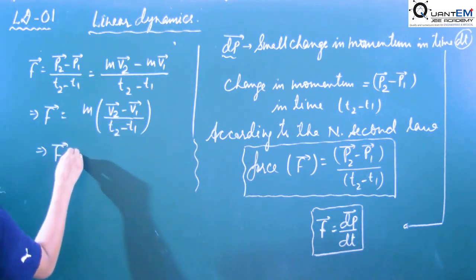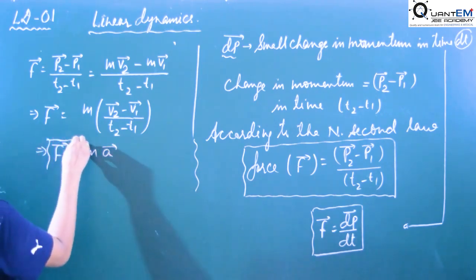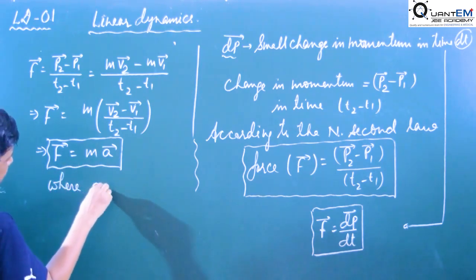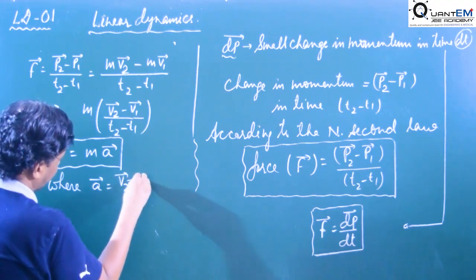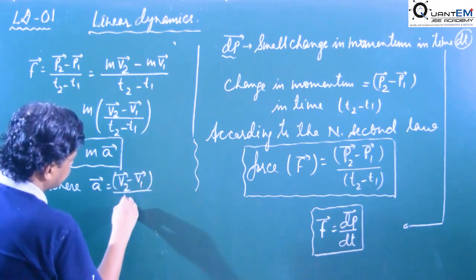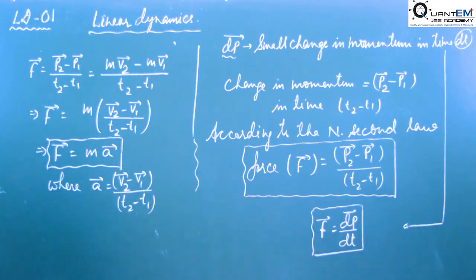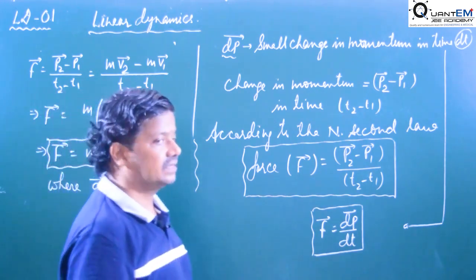So F is mass into acceleration, where a is equal to (v2 minus v1) by (t2 minus t1). So force is equal to mass into acceleration. This is the derivation of force from Newton's second law.